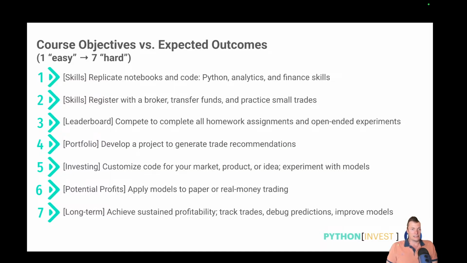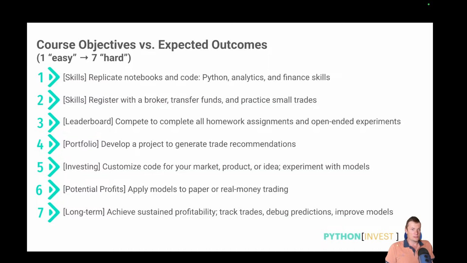Next level is that you start to make investing decisions with the code from that project. So you customize the code for your market, your product or idea. You experiment with the models. Hopefully you can reach consistent profits, not one-day profits, but every month, every 3 months, you can have some returns on paper or real money trading.